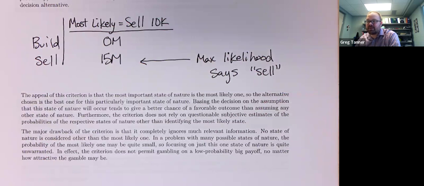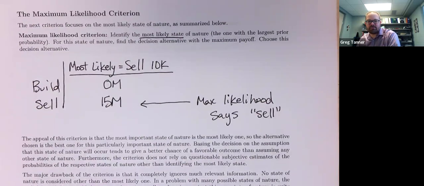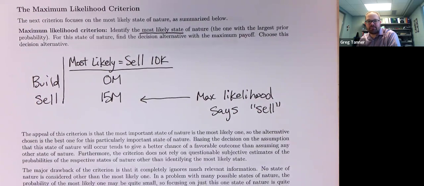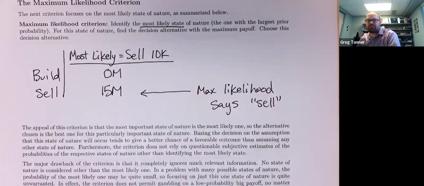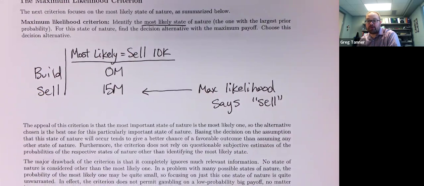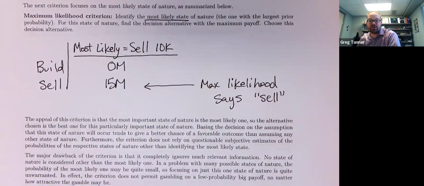Some states of nature might be rare but present very large payoffs or risks, and if we only look at the most likely state, we ignore those extreme risks or rewards that might be unlikely, but still possible and maybe even still probable. That's the critique of maximum likelihood. It is simpler to implement, to think through and set up, but it ignores some very important information from the other states of nature.